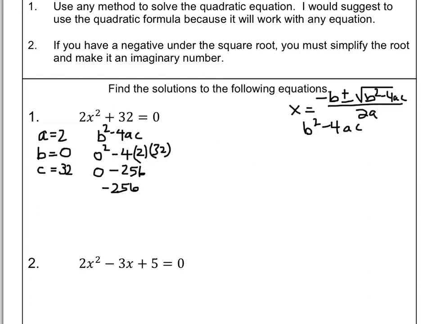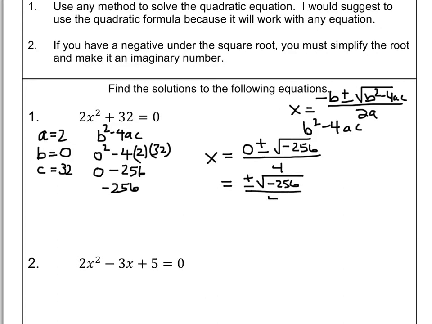Okay, so now we can take that number and put it into solving this equation. The opposite of b is still going to be 0, plus or minus the square root of the discriminant, which is negative 256, and we're going to divide that by 2 times a, and 2 times 2 is 4. So really we have plus or minus the square root of negative 256 over 4.